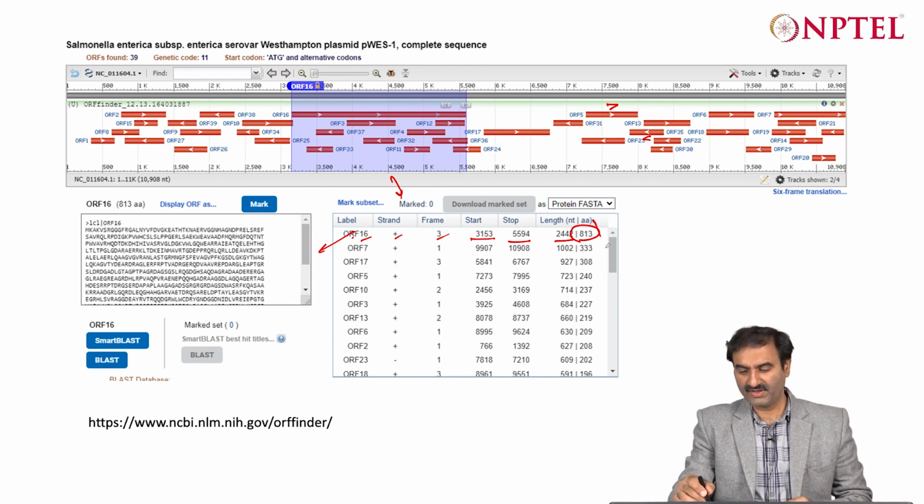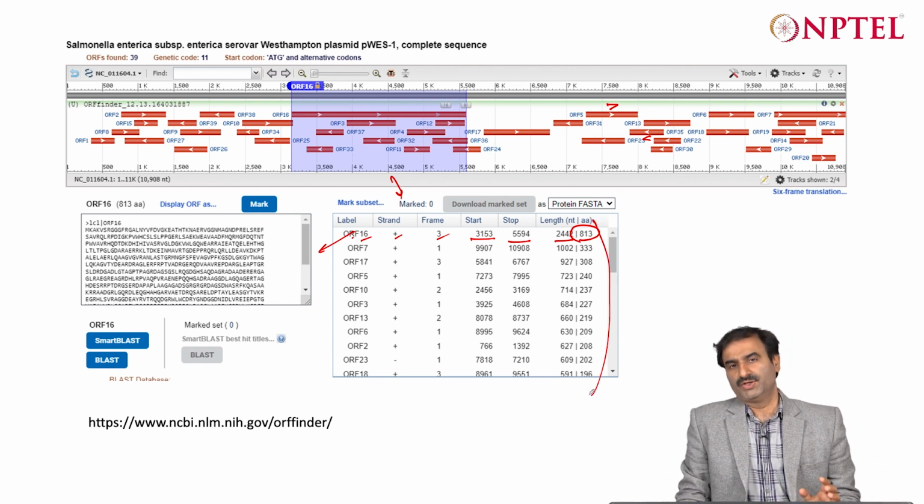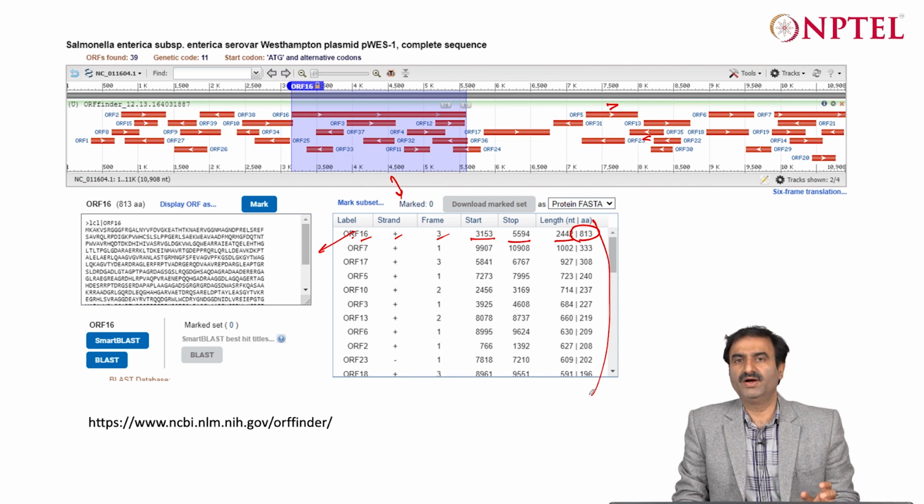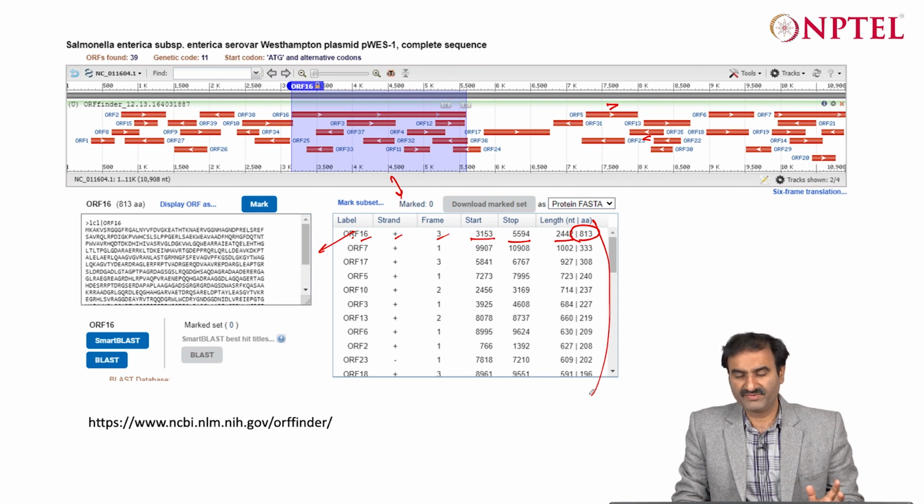So you can see that these are all long genes and should definitely be identified as ORFs, because these are long enough to code for a protein, above 50 amino acids. You can say whatever you find should be a gene because it is long enough to code for a functional protein.